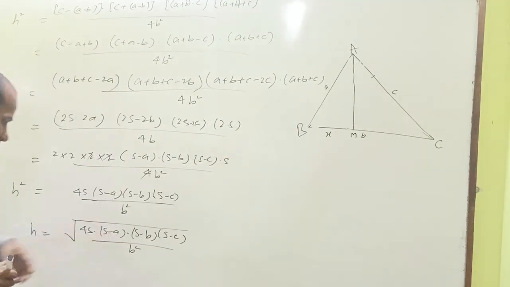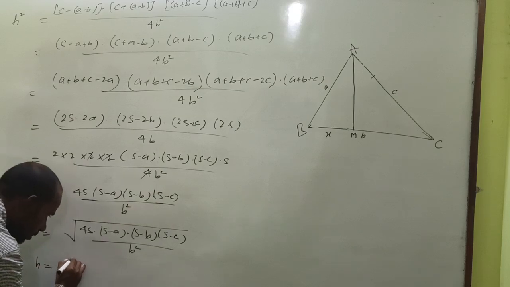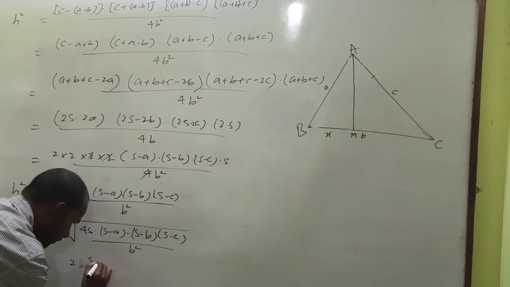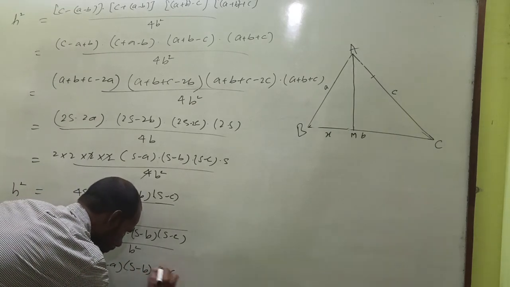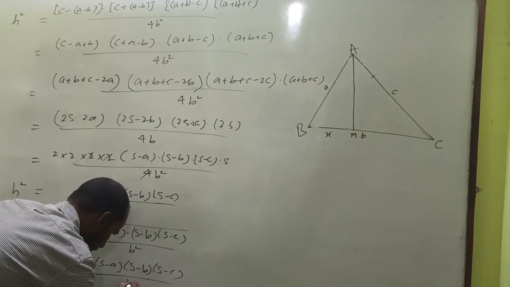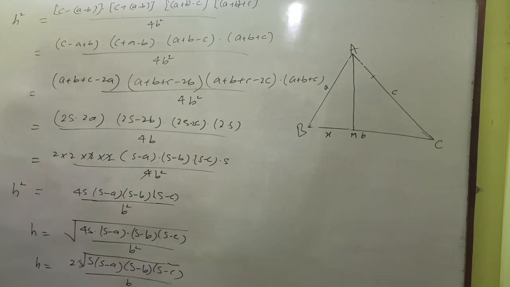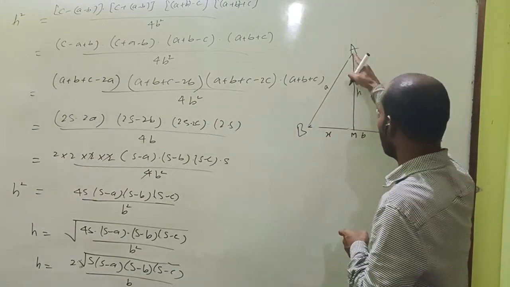So after getting out from this square, we can write h is equal to 2 upon b, and s, s minus a, s minus b, s minus c all under root. This is the value of h, this altitude AM.